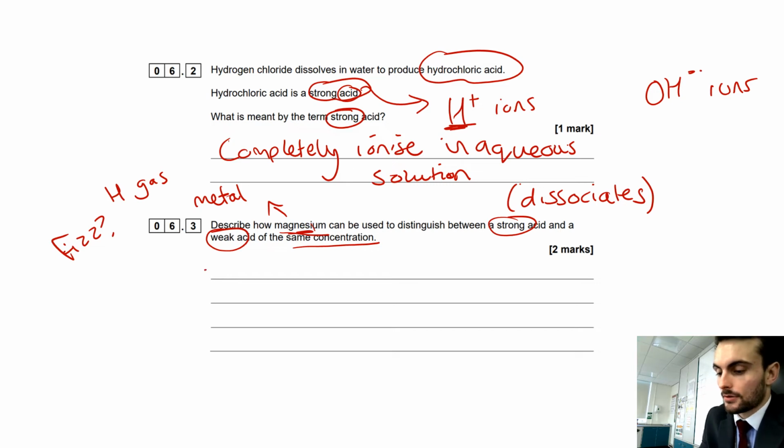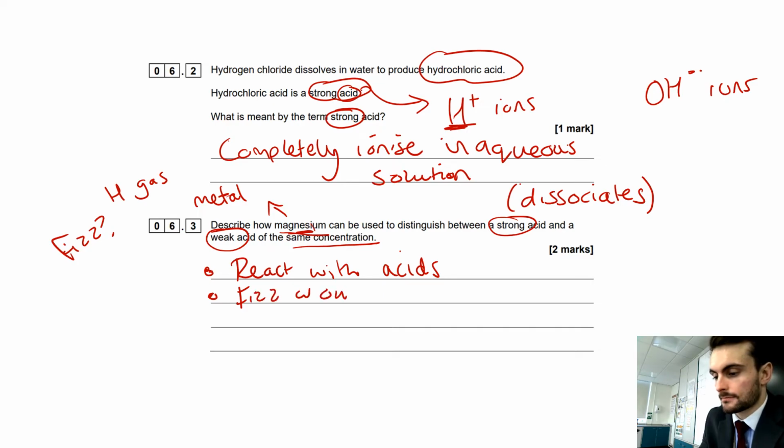So if you were to imagine a mini method of doing this, you don't even get a mark for this, but you would react magnesium with both acids, right? And then obviously it would fizz. Fizzing would happen, and to figure out which is the stronger acid, it would happen more for the stronger acid.